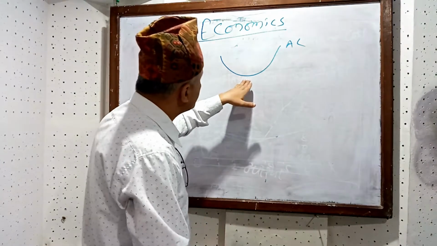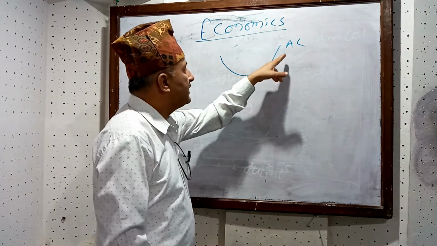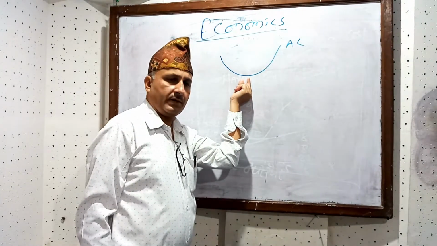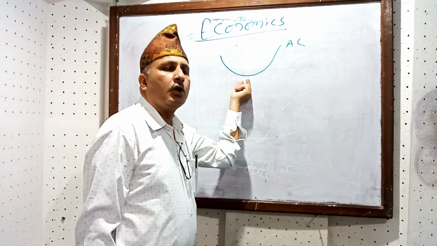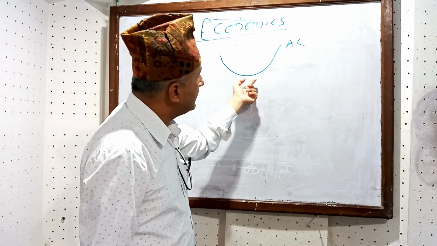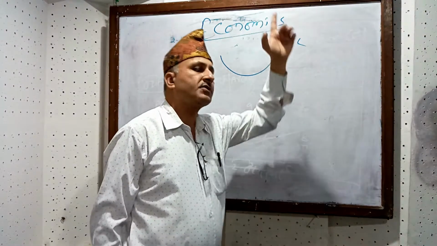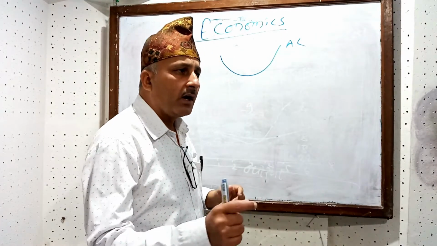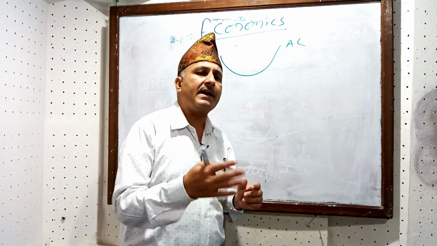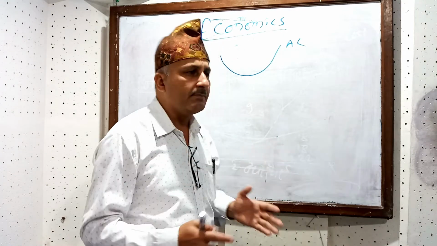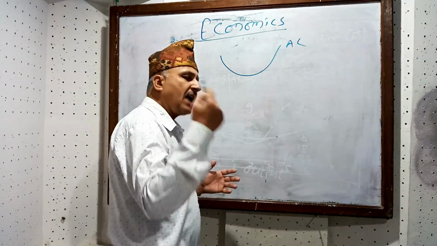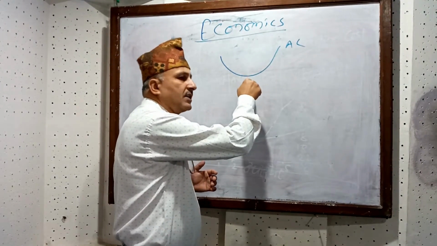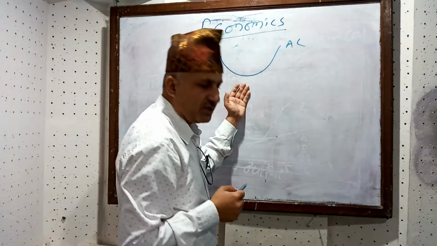When production becomes constant, there is the lowest point of average cost. Remember this. There is the lowest point of average cost, and in this situation, production becomes the highest. When the ratio of fixed factors to variable factors is optimum, production becomes highest. There, average cost becomes constant and it becomes the lowest.